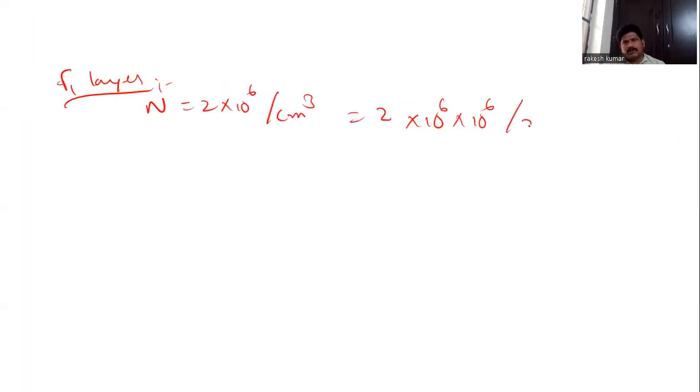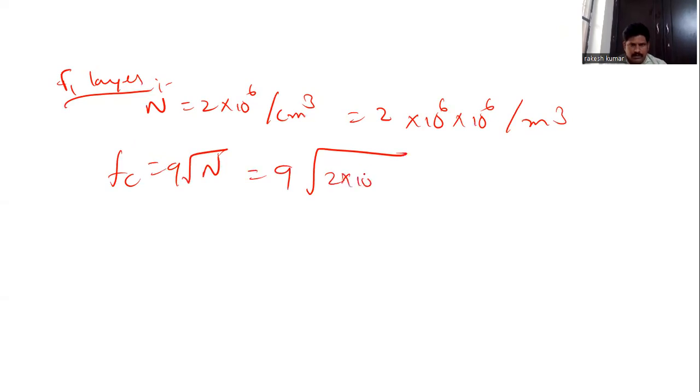Therefore Fc is equal to 9 root of 2 into 10 to the power of 6 into 10 to the power of 6. So we will get 12.72 megahertz. Okay, so this is for the F1 layer.